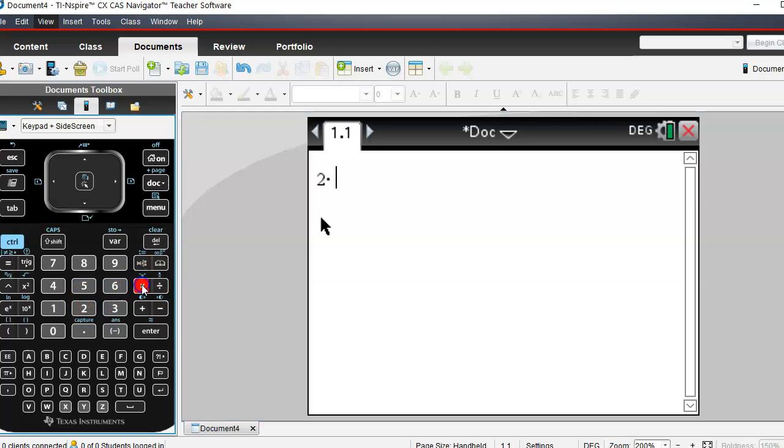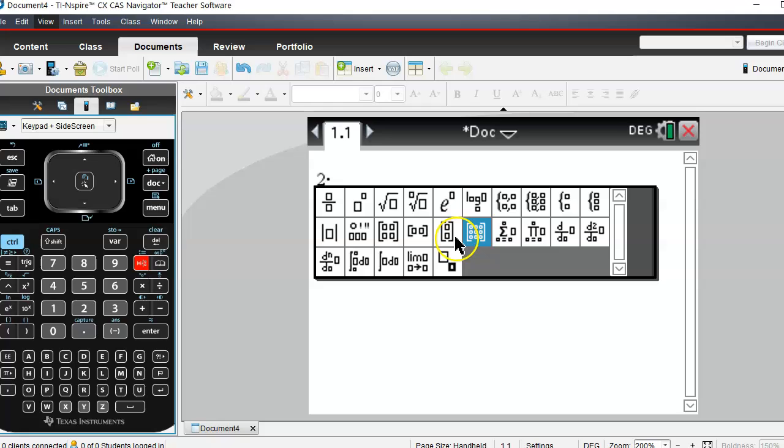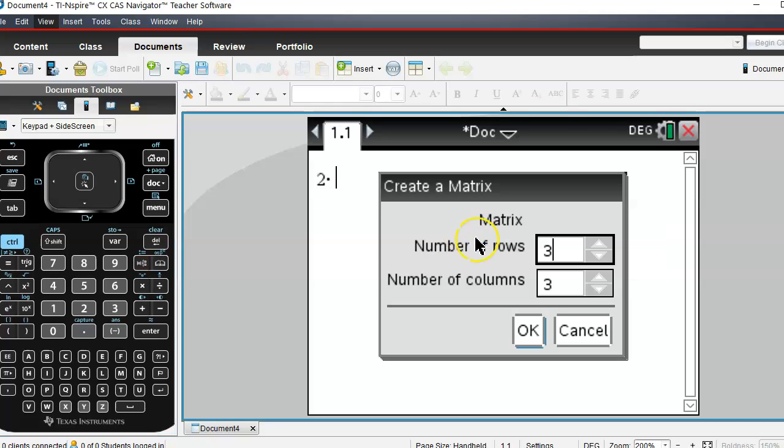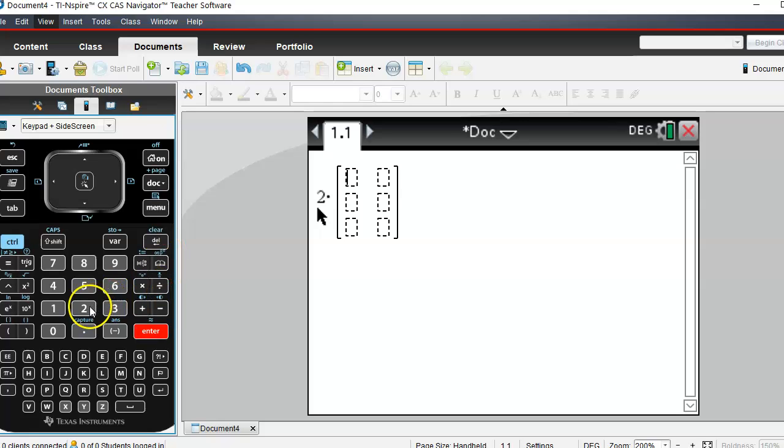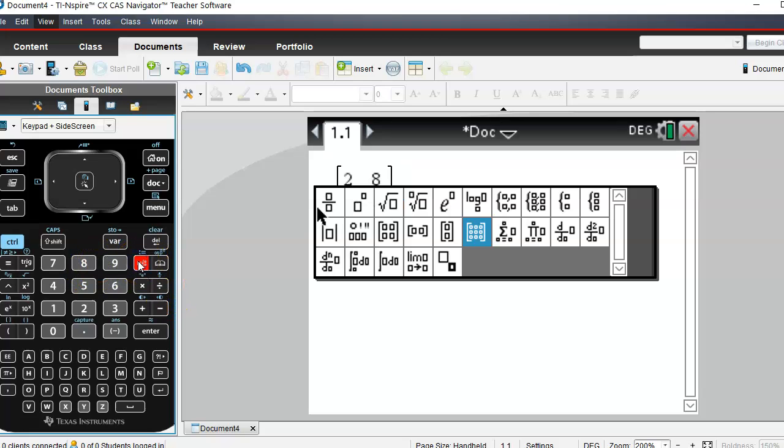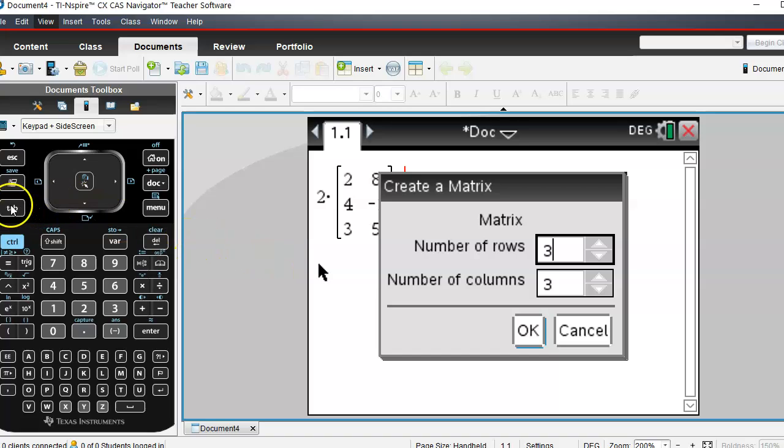So 2 times templates, bring that up, so 3 rows and 2 columns, so that's 2 tab 8 tab 4 tab -1 tab 3 tab 5, minus, and again change that to 2.